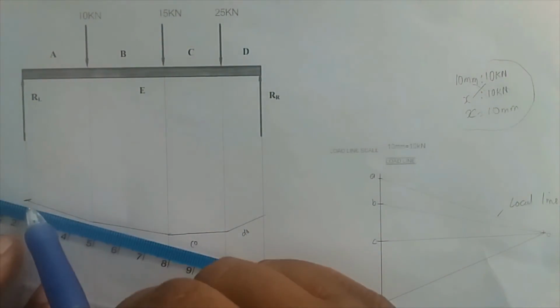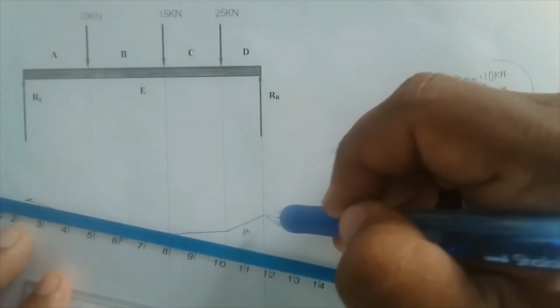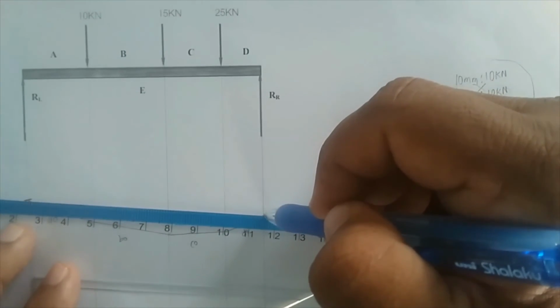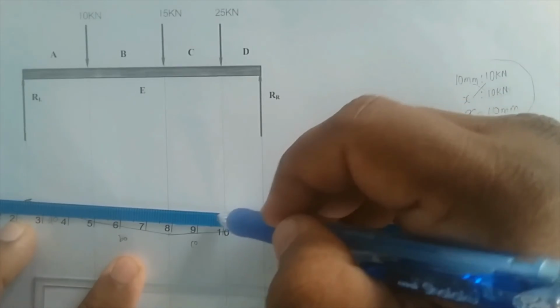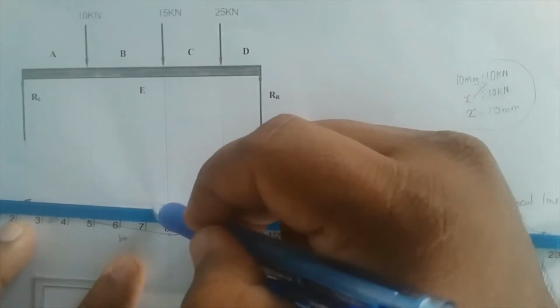From the starting point and the end point, draw a dashed line, and this will be your EO.